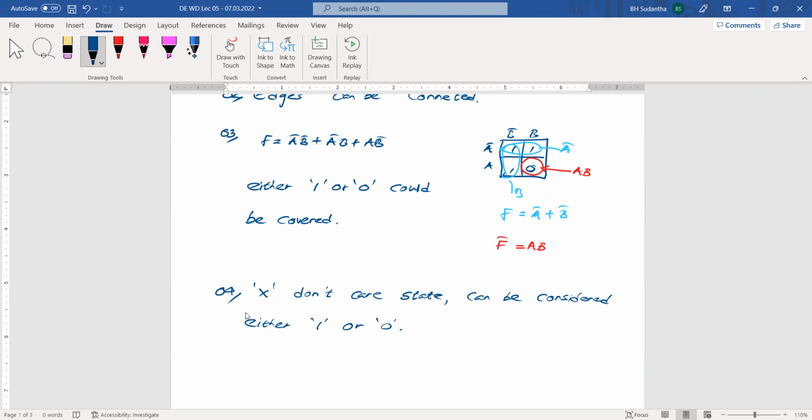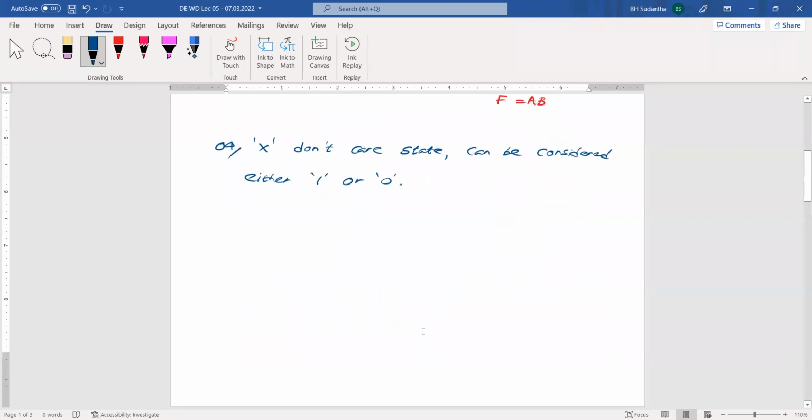What is this don't care state? We didn't discuss this, but if you want, you can consider this X as either 1 or 0. It doesn't matter. Don't care state can be either 1 or 0.